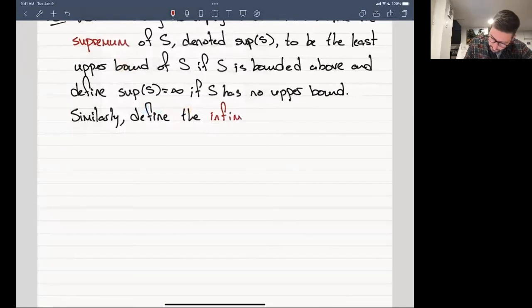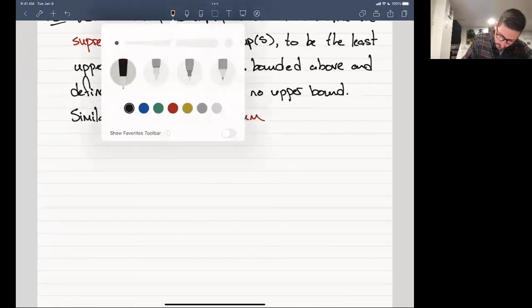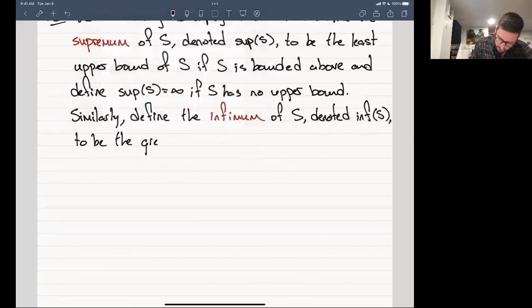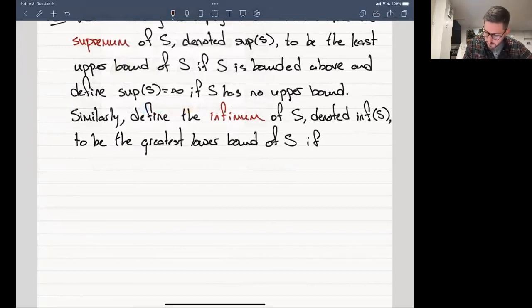Infimum of S, denoted inf of S, and let that be the greatest lower bound of S if S is bounded below, right?